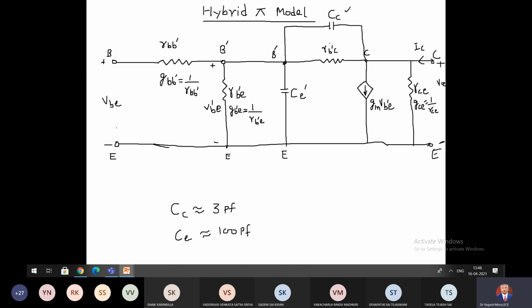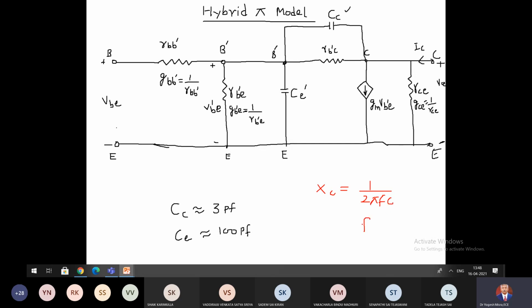So at low frequency, when frequency is less, the capacitance acts as an open circuit. See, Xc is equal to 1 by 2 pi Fc.